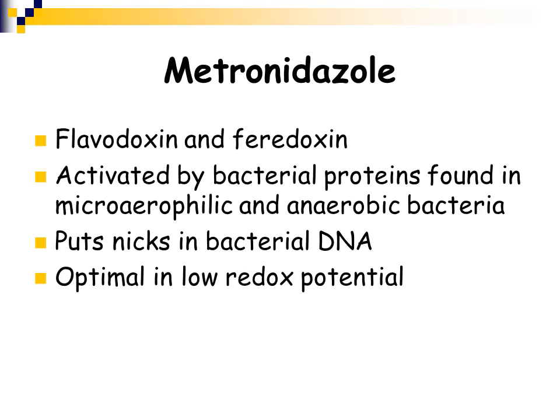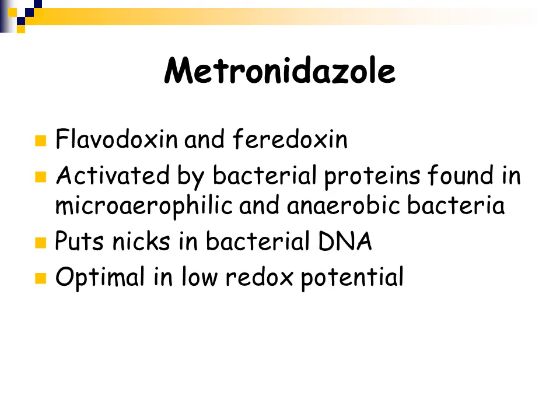Metronidazole is another example of an antimicrobial agent that inhibits DNA synthesis. Examples are flavodoxin and ferredoxin, and these are activated by bacterial proteins that are found in both microaerophilic as well as anaerobic bacteria. So what these antimicrobial agents do is they nick the bacterial DNA.